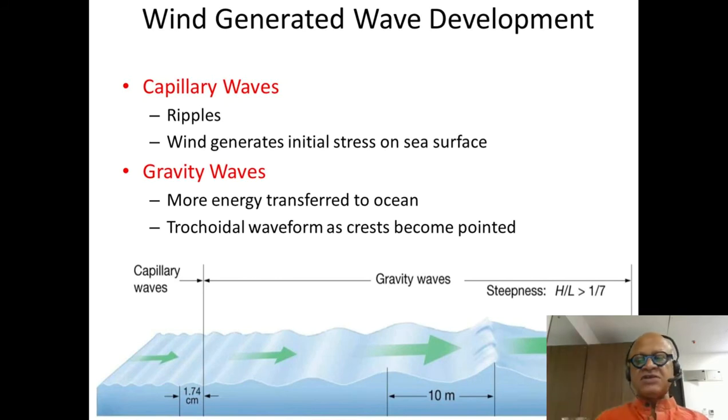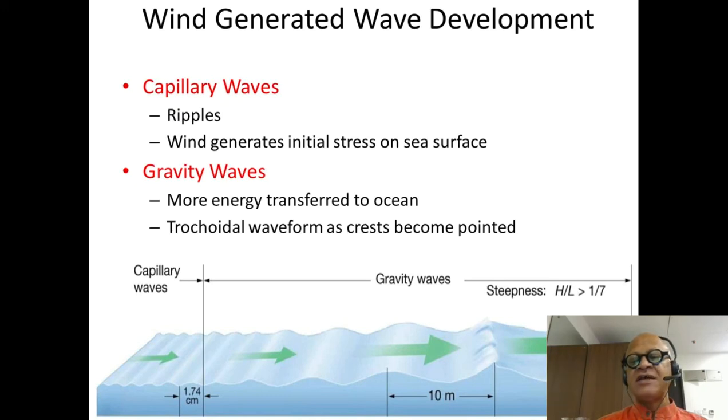As the waves get stronger, you get wavelengths of order 10 meters, and as the wave height increases, gravity pulls it down, wind pulls it up, gravity pulls it down, so we call that gravity waves, and they have more energy transferred from the wind into the ocean. Wave height squared corresponds to the wind wave energy, and they have these so-called trochoidal forms, this kind of conical shape.